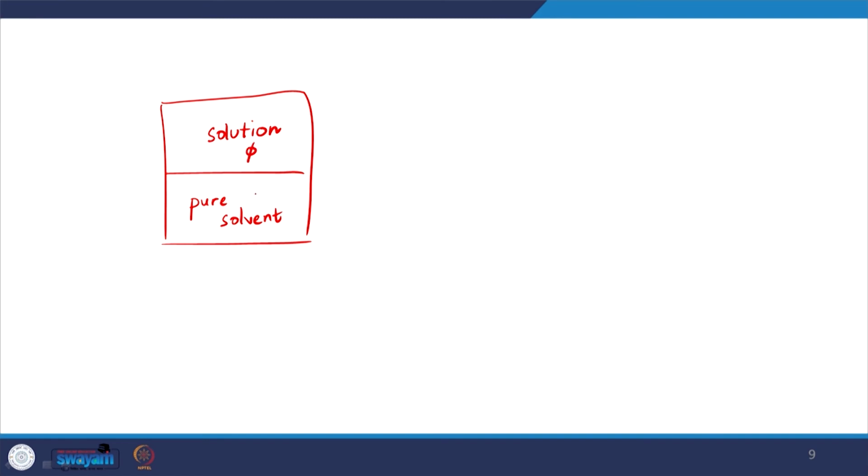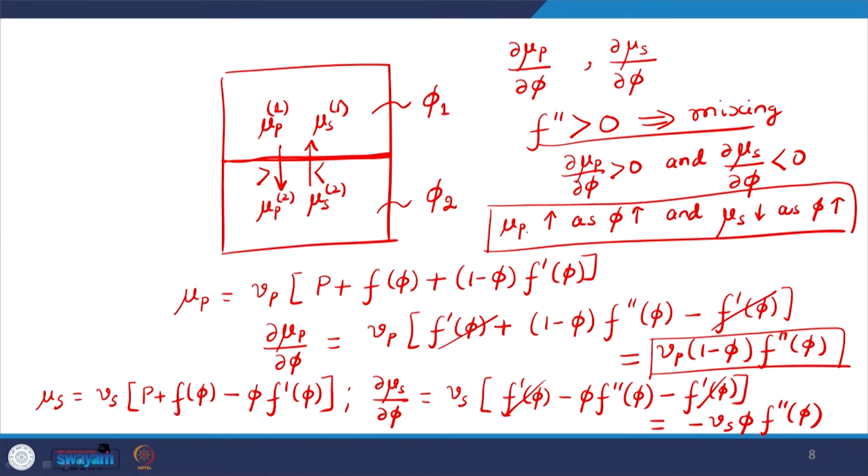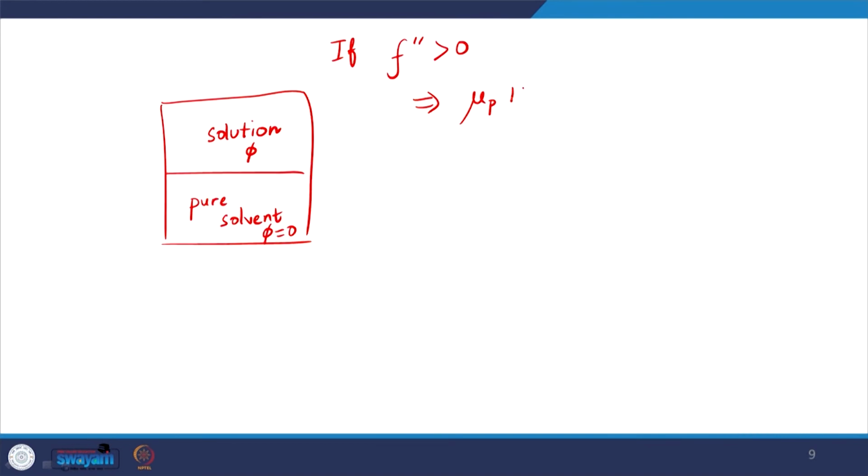The solution has some phi and the pure solvent has phi equal to 0, and let us say I put them together, with no membrane in between them or something of that sort. I have just said that if F double prime is more than 0, this means that mu p is going to increase as phi increases, but mu s is going to decrease as phi increases, right.